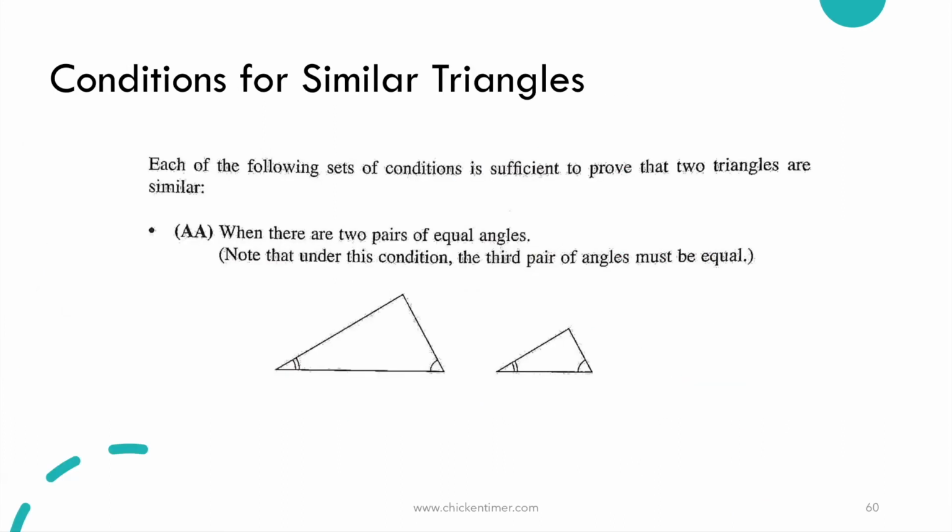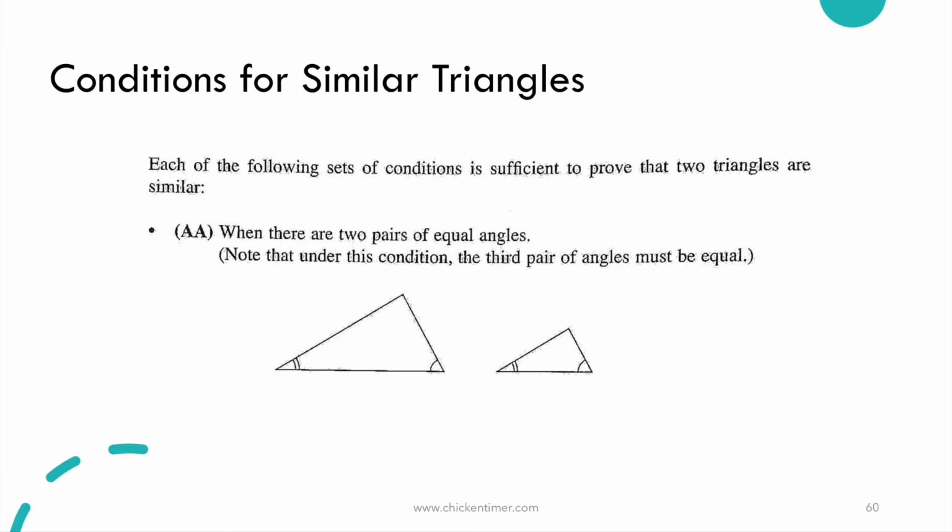This part, I am just bringing up the conditions for similar triangles again. So proving similar triangles is kind of similar to proving congruent triangles, but now we must notice that in similar triangles, the triangles are not exactly the same, the size is not the same, but the ratio of the sides are the same.